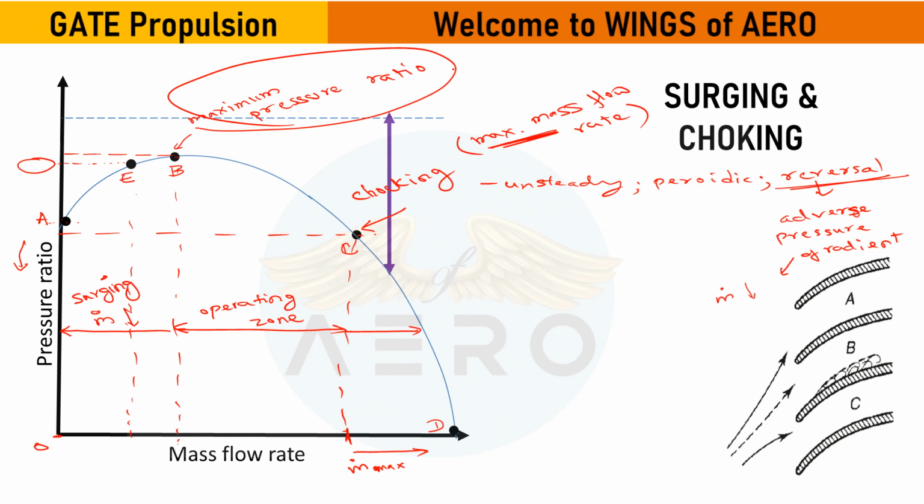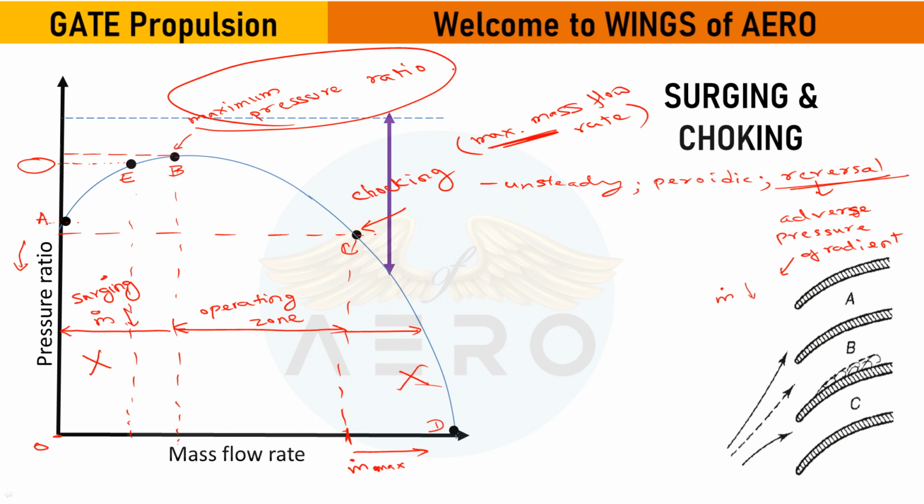That's the fundamental difference between surging and choking. In between, B to C is the operating zone, and C is the starting point of choking. Drastically the mass flow rate increases with a decrease in pressure ratio, and in surging there is a drastic decrease in mass flow rate, okay, at a certain pressure ratio. But ultimately neither of these zones is acceptable.